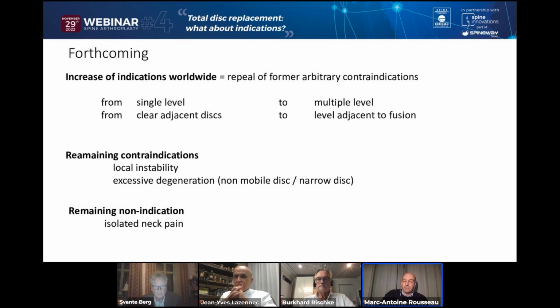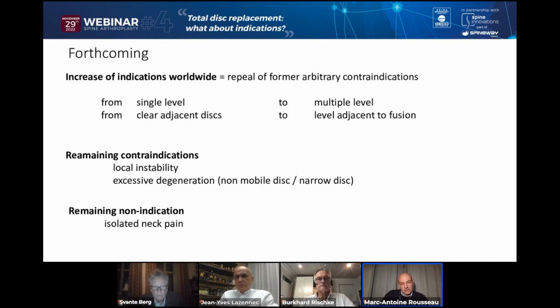Then I have to say that I keep fusion as a surgical solution. Local instability remains in the basket of contraindications, but there is very little literature about this, and we understand that instability is not a good combination for arthroplasty, but we can maybe think that the viscoelastic arthroplasty that binds together the vertebrae could be a key, maybe used for instability.